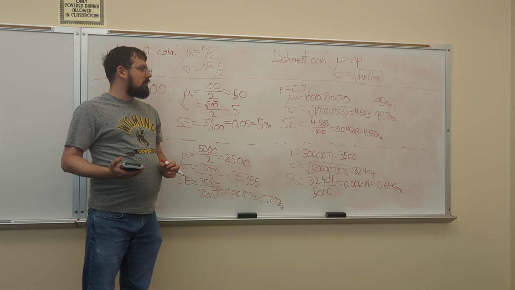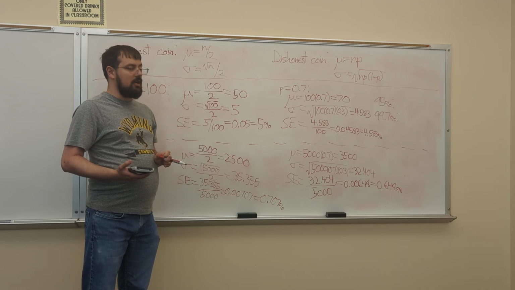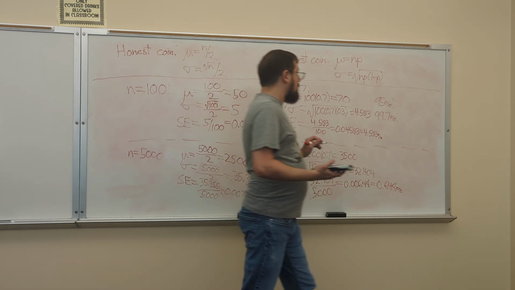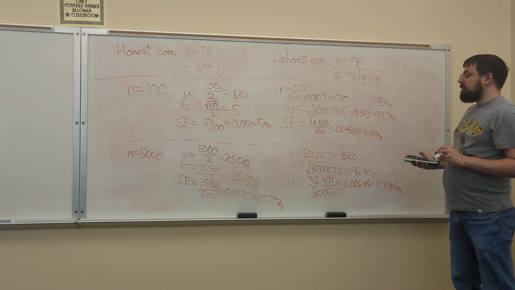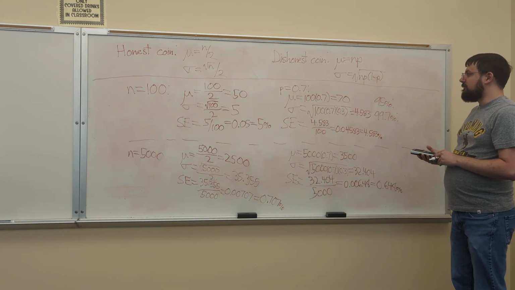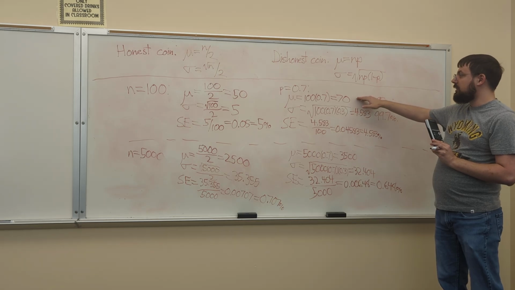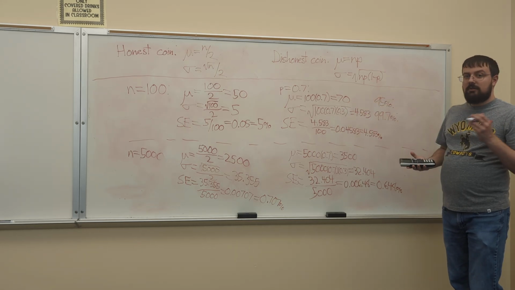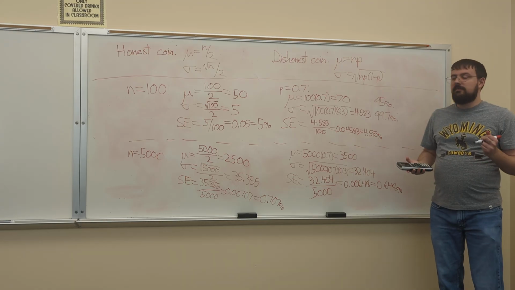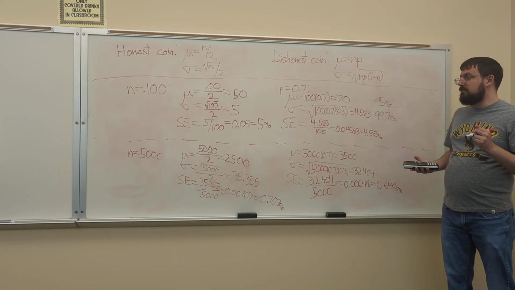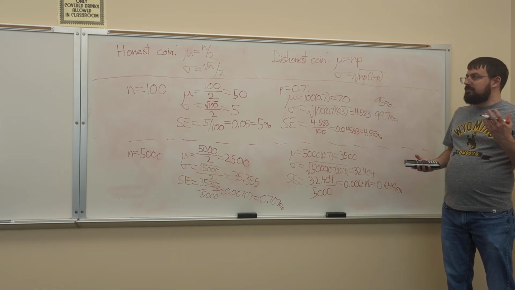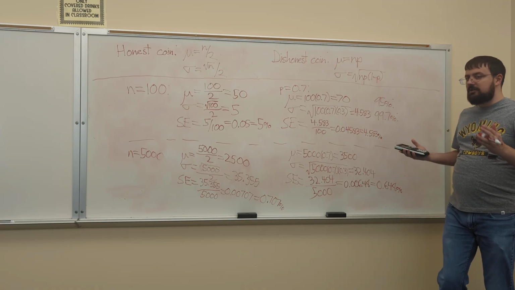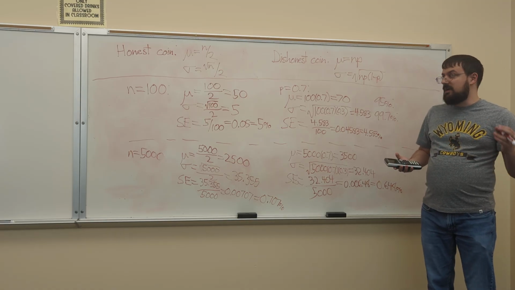So this brings us to the concept of the 95% and 99.7% confidence intervals. So the 95% confidence interval we'll just do for our dishonest coin with 100. So the 95% confidence interval is basically just going to be our mean plus or minus, or two standard errors on either side of our mean, basically.